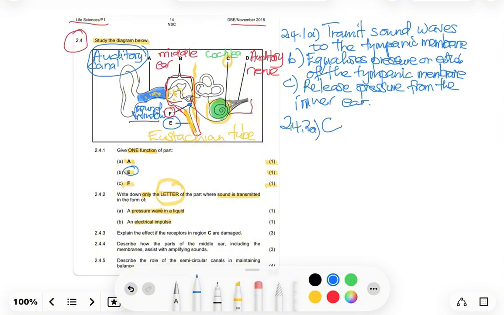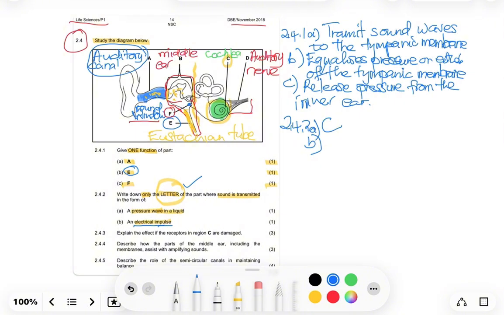Right, then we move on. So this is part A. Then we move on to part B. Part B is also asking for a letter, but this time of a part where sound is transmitted as an electric impulse.